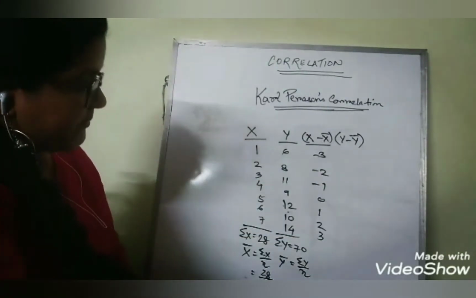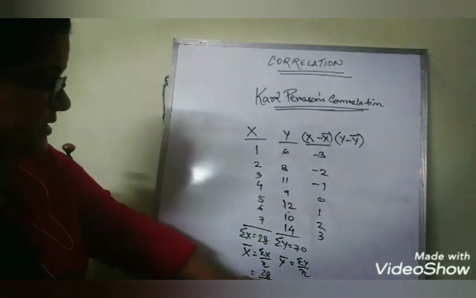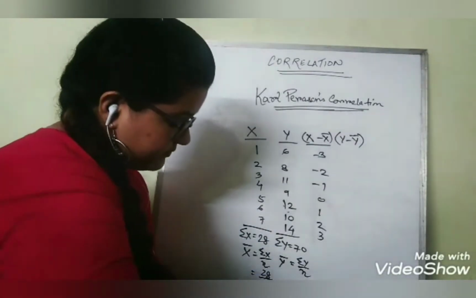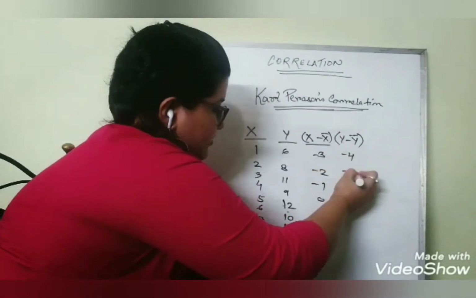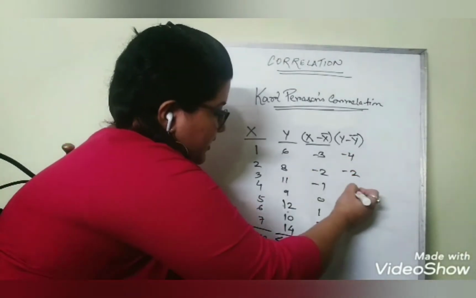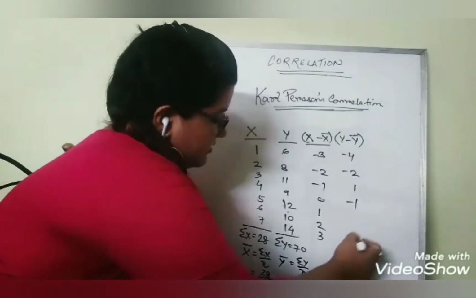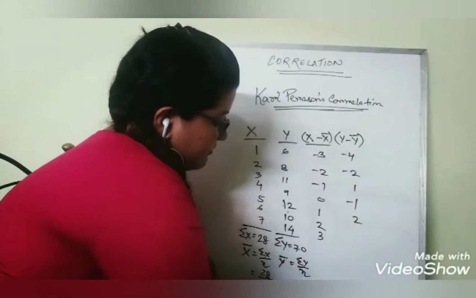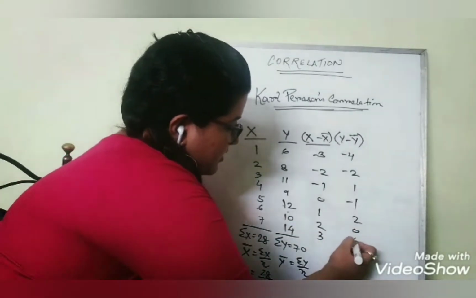Next, y minus y bar. So 6 minus 10, which is minus 4, 8 minus 10 is minus 2, 11 minus 10 is 1, 9 minus 10 is minus 1, 12 minus 10 is 2, 10 minus 10 is 0, 14 minus 10 is 4.